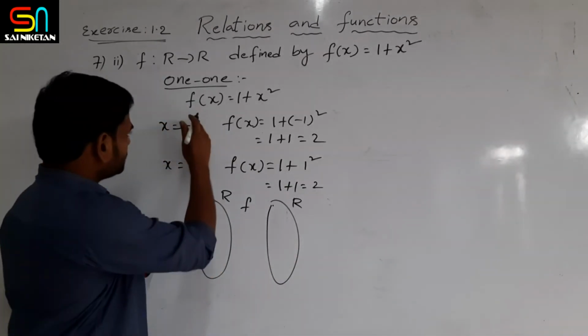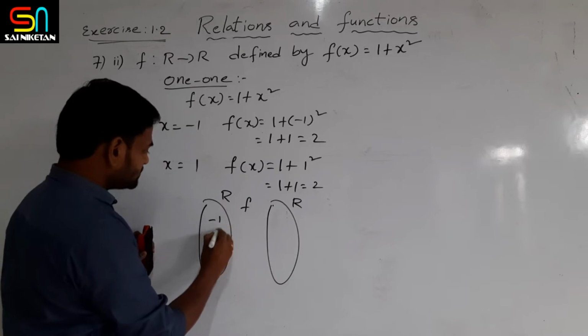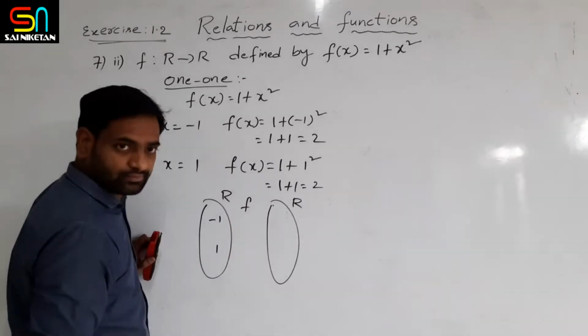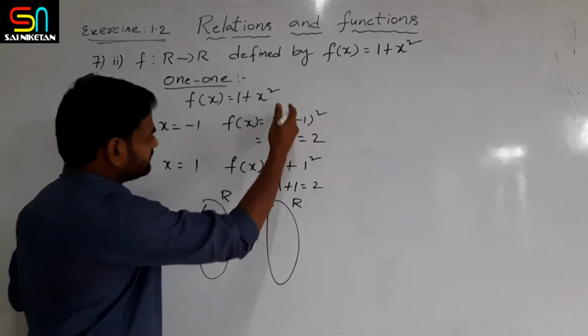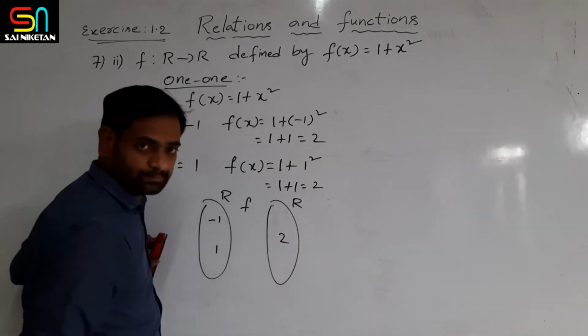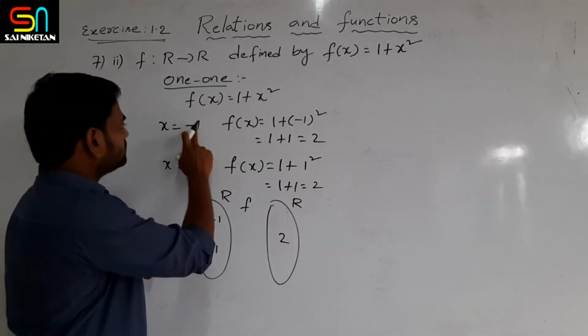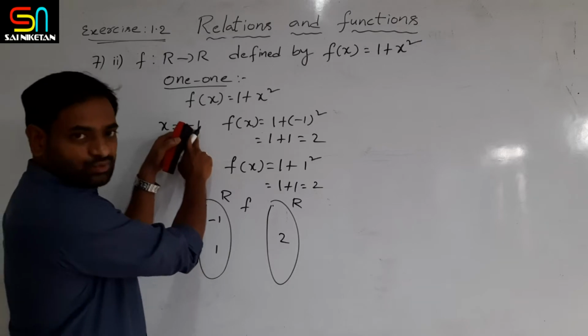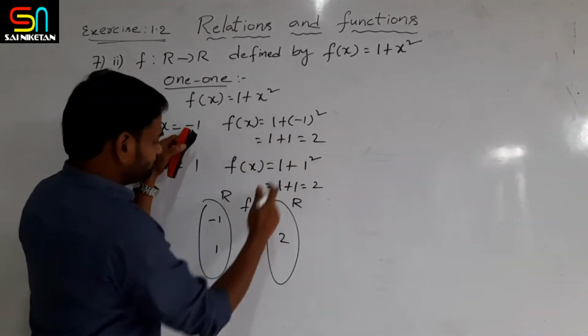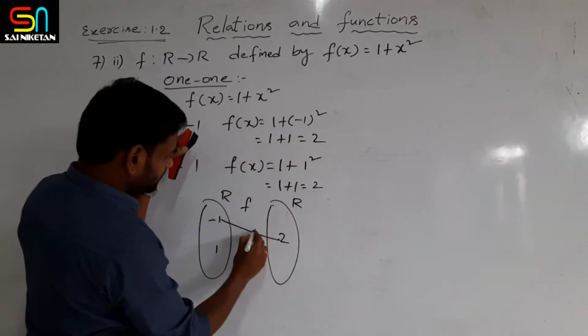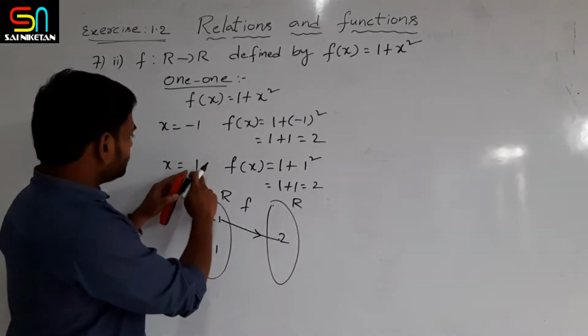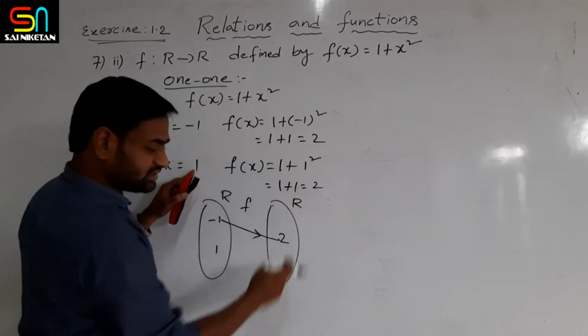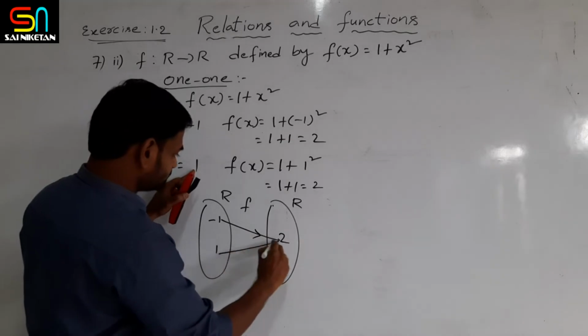Now x values I am taking minus 1, 1. Now what is the f of x value? We got 2. So what is the mapping we got? When you take x value minus 1, f of x value is 2, that is minus 1 to 2. When you take x value 1, f of x is 2, so 1 to 2.